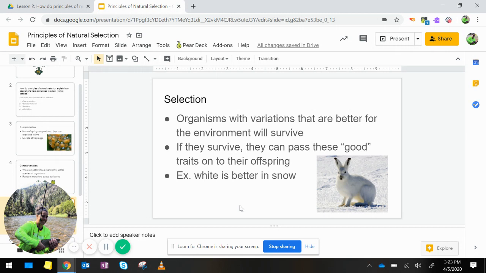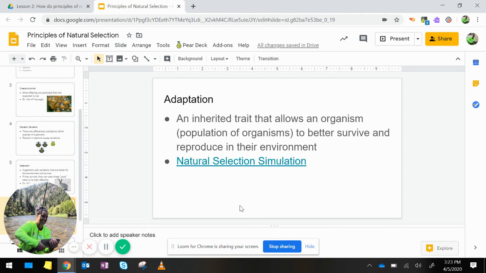The environment is basically selecting, whether it's predators, food, or temperature, there's some type of selection factor dealing with the environment. Some organisms' variations are going to allow them to better survive in that environmental condition. The last one, adaptation, is an inherited trait that allows a population of organisms to better survive and reproduce in their environment.